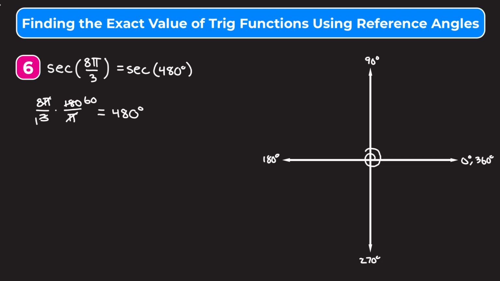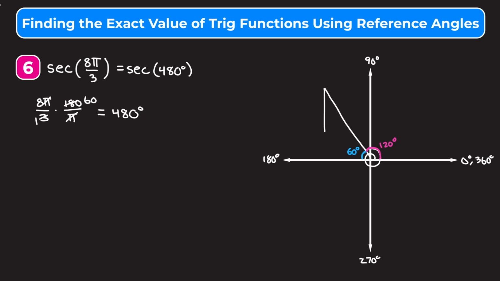So it's going to be somewhere around here. So we know that this part right here was 120 degrees. So our little blue angle right here is 60 degrees because 120 degrees is 60 degrees away from 180.